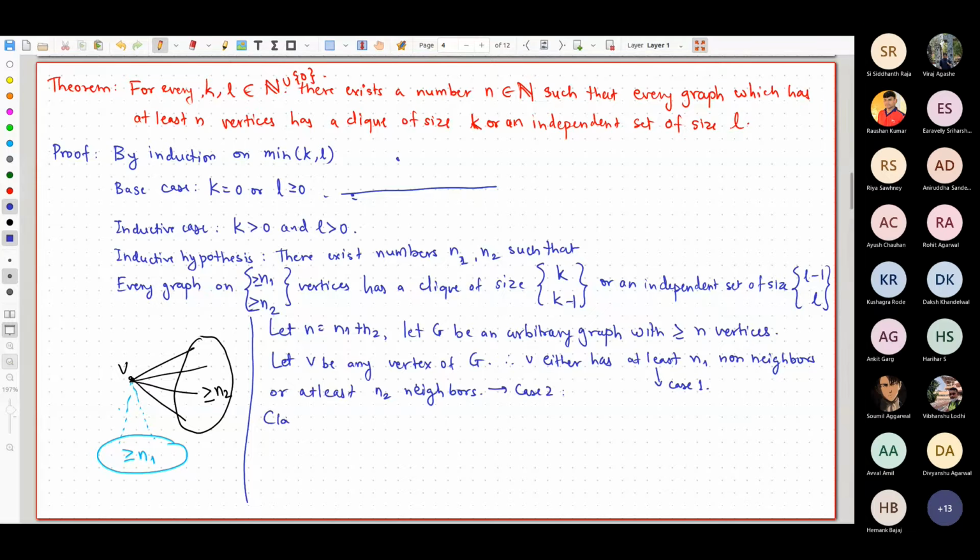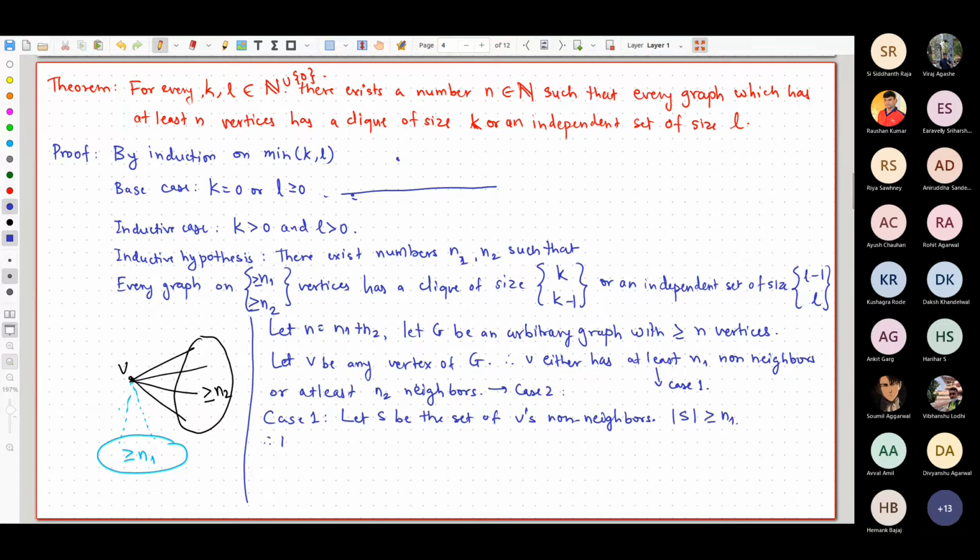So let's quickly do case 1 over here, and I'll leave case 2 because it is analogous. Let S be the set of these non-neighbors. We know that the size of S is greater than or equal to n1.